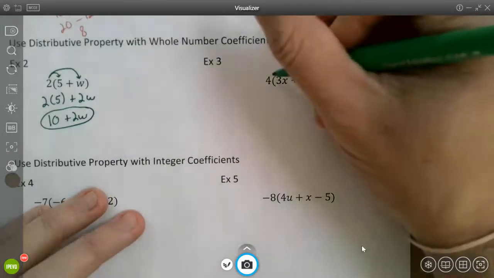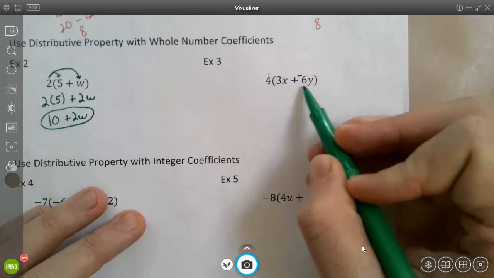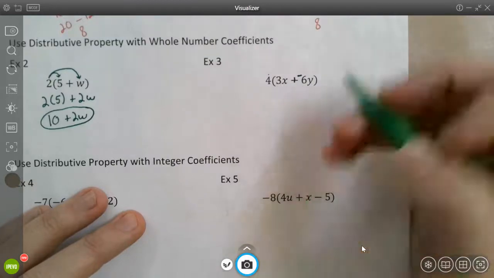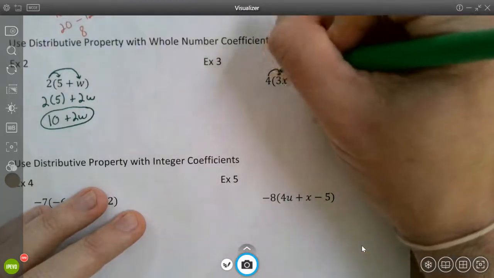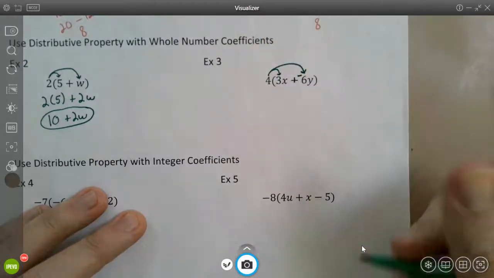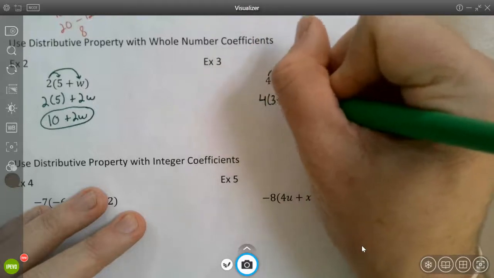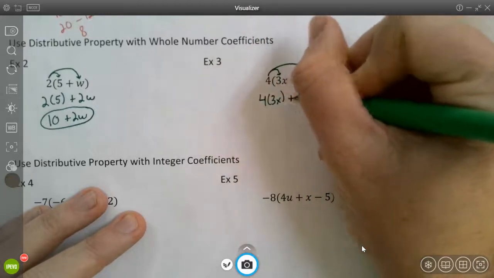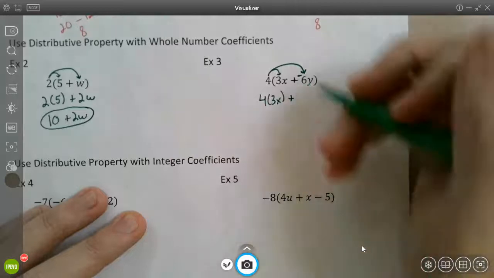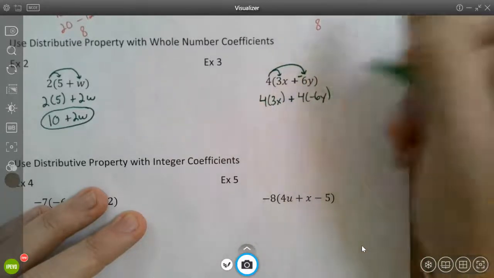So here we go. 3x plus a negative 6y. Those are not like terms, so we cannot simplify that. What we can do is multiply, because 4 times 3x, we can simplify that. And I like to make this plus a negative here. So this is 4 times a negative 6y.